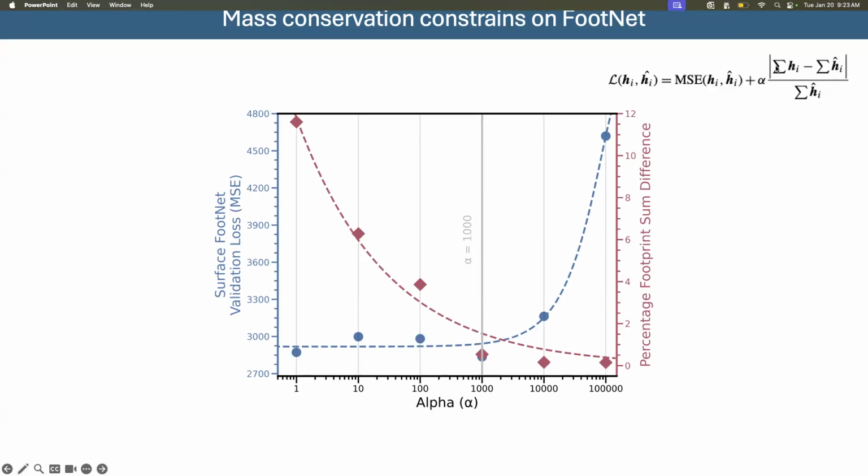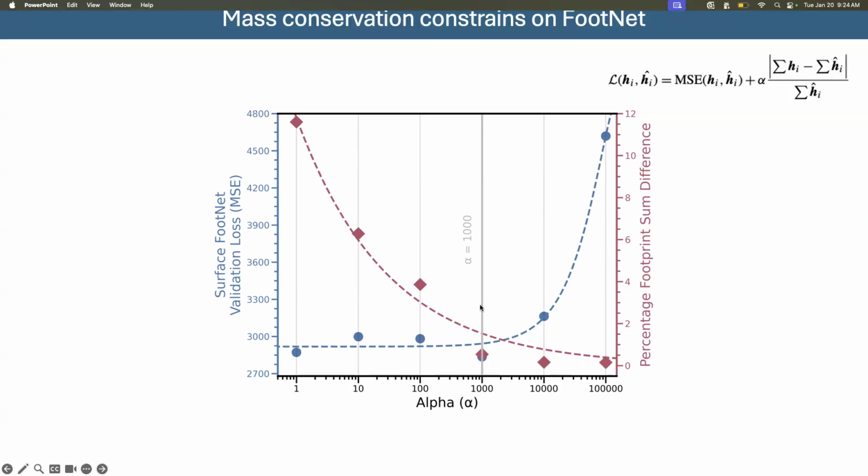That is because this term starts becoming the dominant one in the loss function, and the model while training tries to minimize it. But as we increase alpha, the validation loss also increases. That is because the main training happens through the mean squared error loss function, but as we increase alpha, the second term becomes more dominant and causes suboptimal learning.